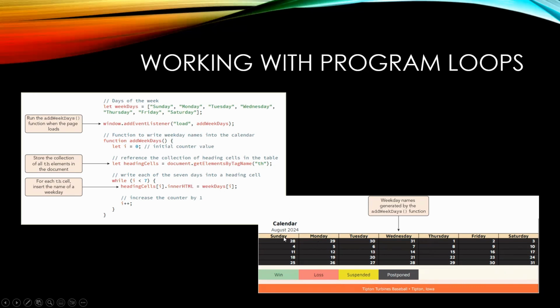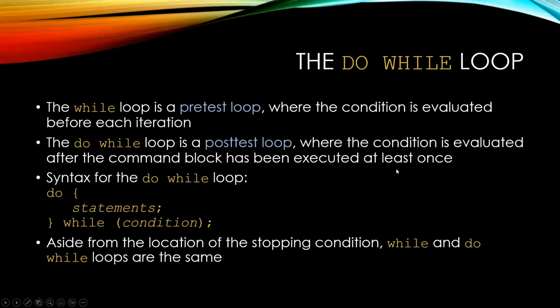So here I've got it going through Sunday, Monday, Tuesday, Wednesday, Thursday, Friday, Saturday. And those names are generated from this weekdays array here. So I'm setting the heading cell equal to the appropriate weekday. Then, of course, I increase it by 1 by doing the I++.